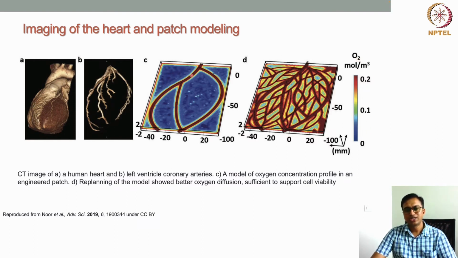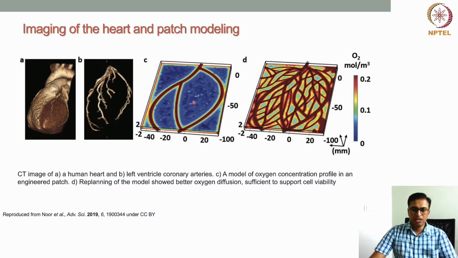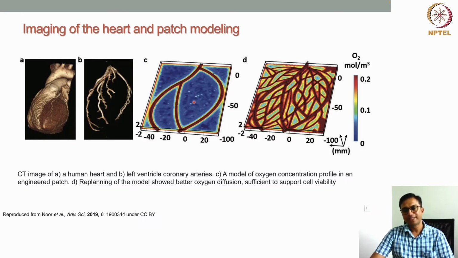The cells near the coronary artery have high or good oxygen concentration, but in the other areas the concentration is very low because the oxygen cannot diffuse to the large area within the construct. So further optimization is required to generate the vascular tree.